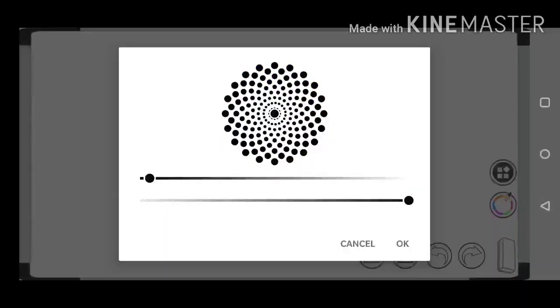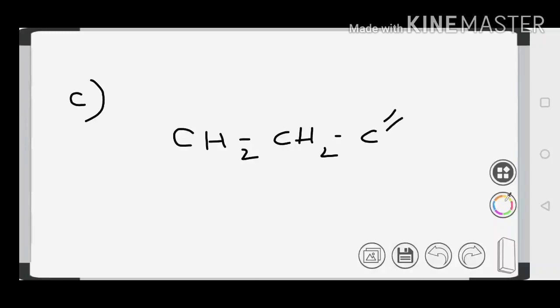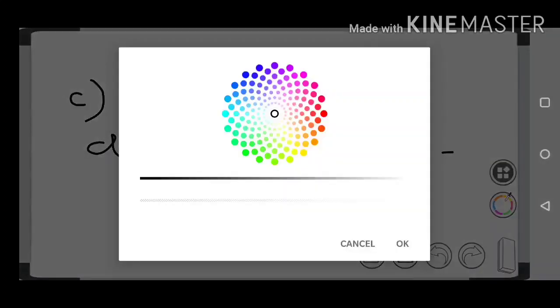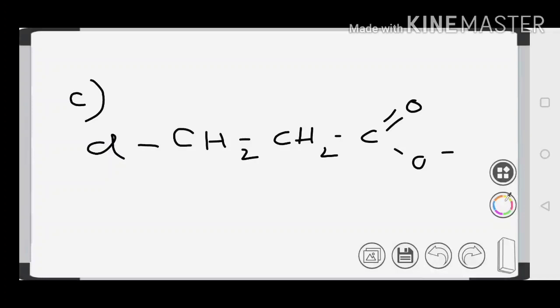Now let us see the next option. Here we will have option C. There is a Cl actually, CH2, CH2. On this side there is C double bond O, single bond O minus. On the other side we are having Cl. Now chloro, it is having obviously the minus I effect.